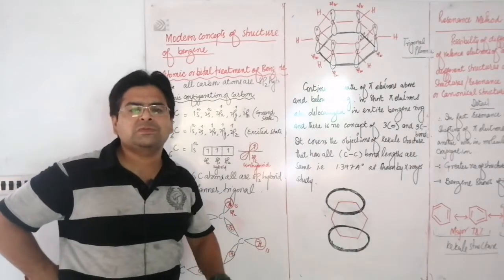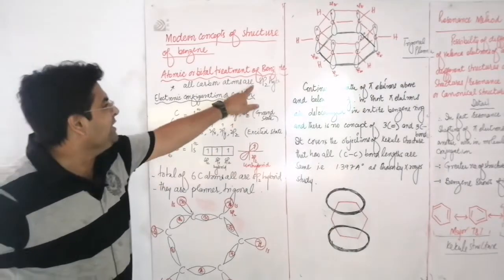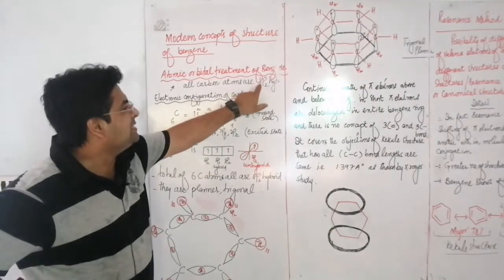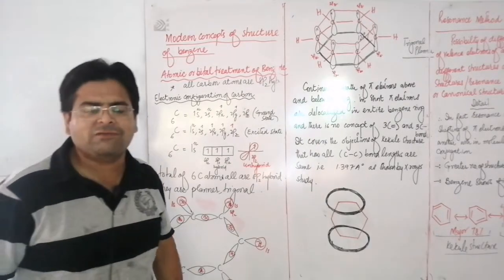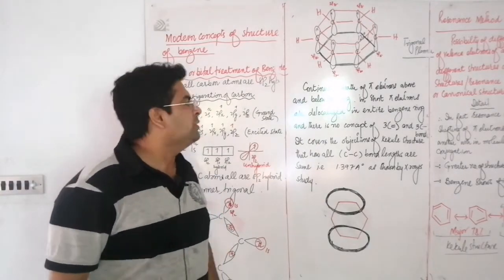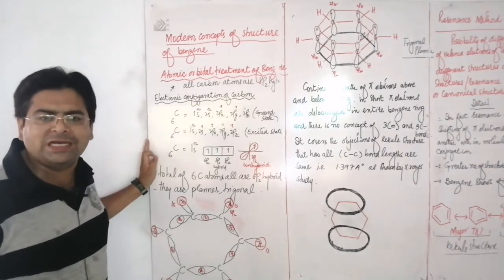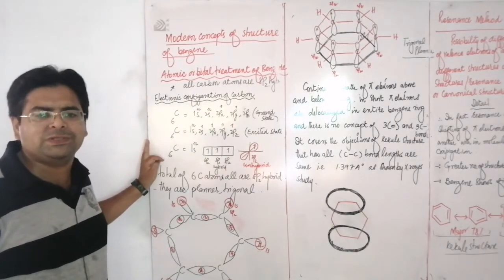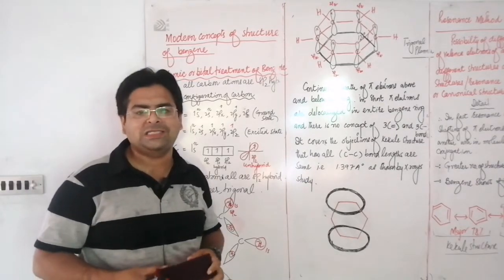What is called sp2 hybridization? It is the process of intermixing one 2s and two 2p atomic orbitals of slightly different energy and shape to produce three new orbitals of the same energy and shape, called sp2 hybrids, and the phenomenon is called sp2 hybridization.